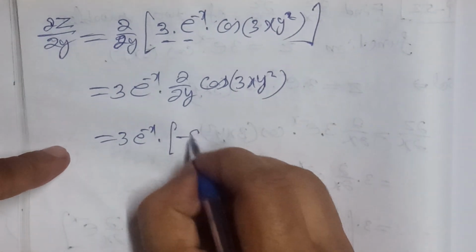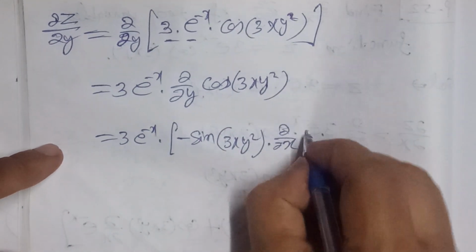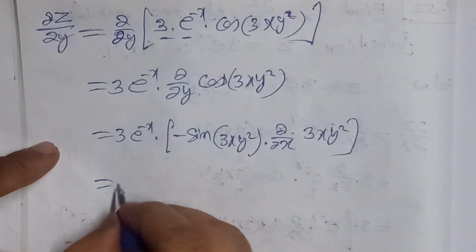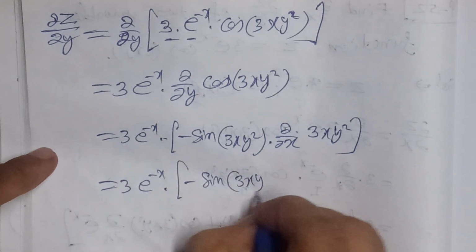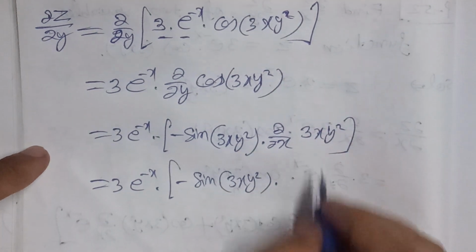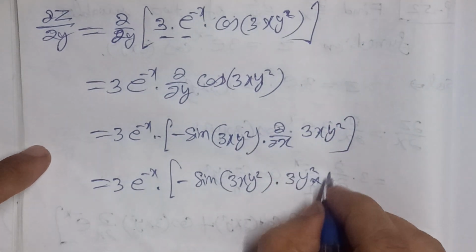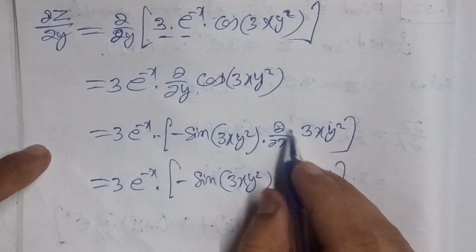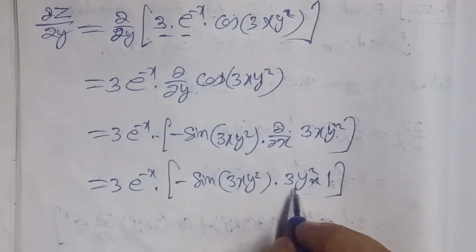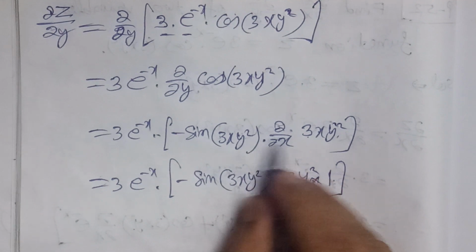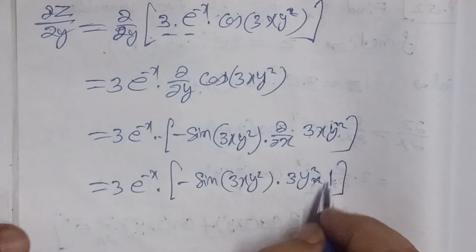Differentiation of cos is minus sine of 3xy², and differentiate 3xy², ∂/∂y. We get 3e^(-x) times minus sine of 3xy², and differentiating this value with respect to y we get 6xy, because for partial differentiation x is constant with respect to y, so we take out 3x from the differential operator and only differentiate y² with respect to y.